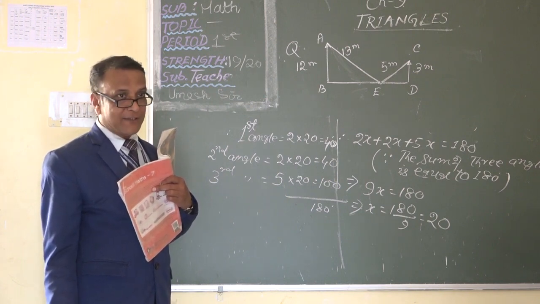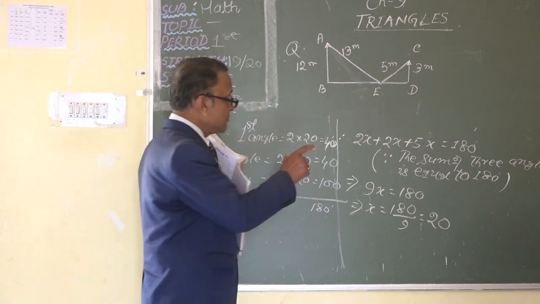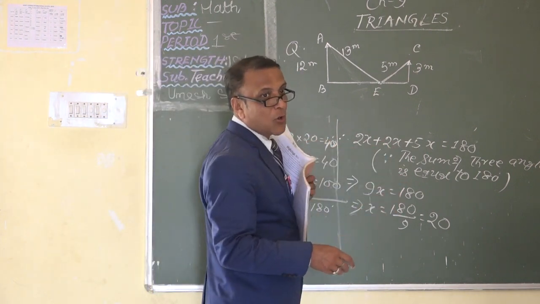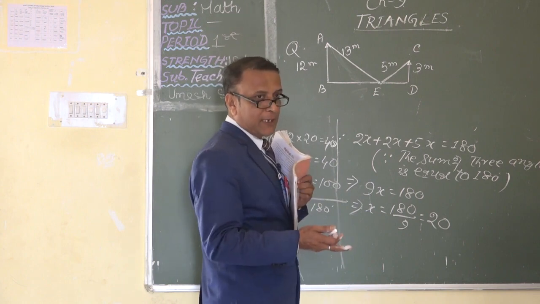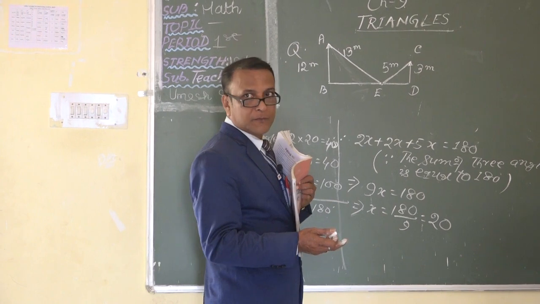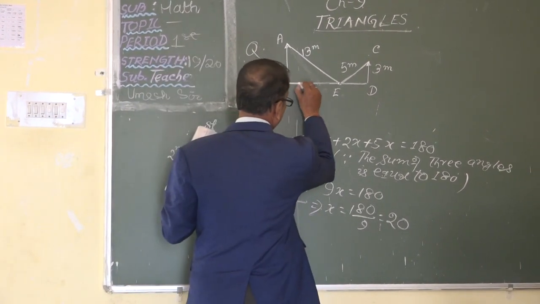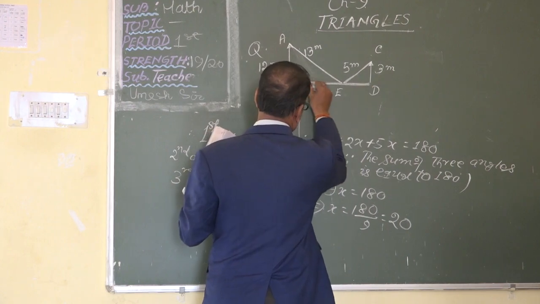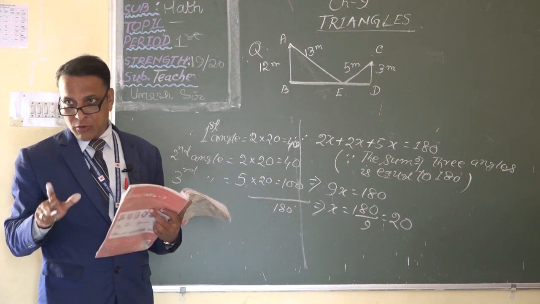Now my question is, what is the width of this road? Width of this road means BD we will find. Understood my question?